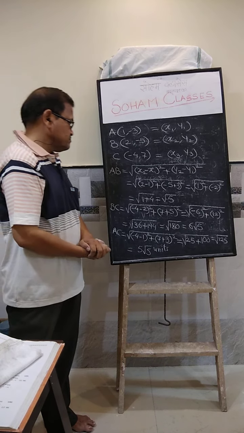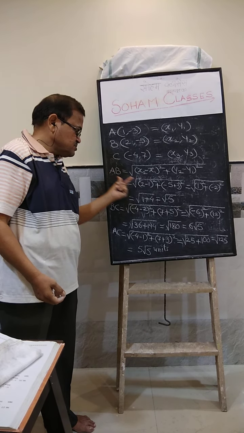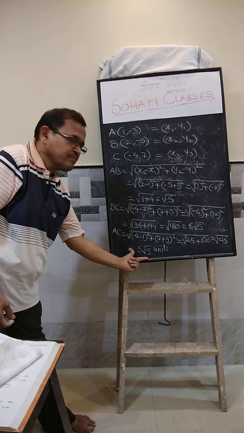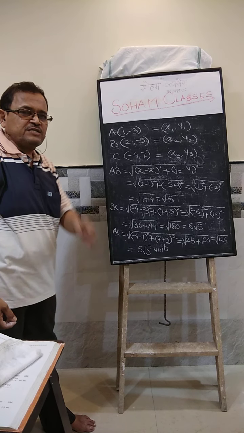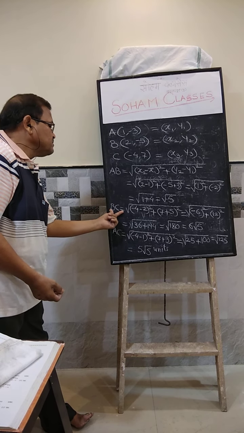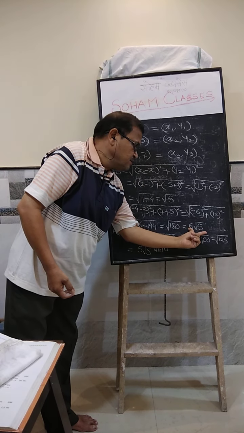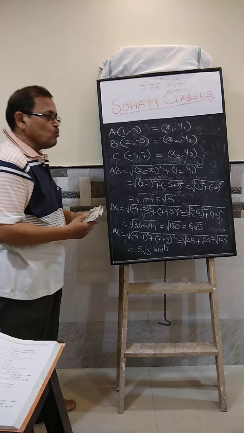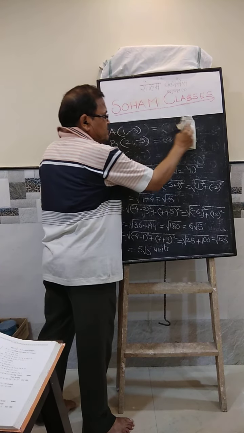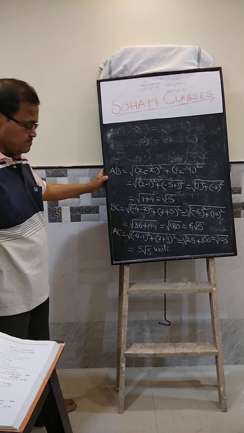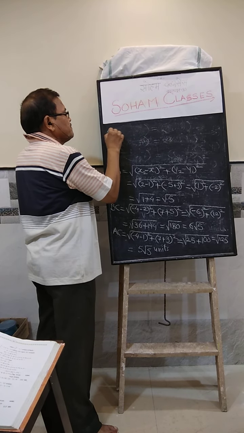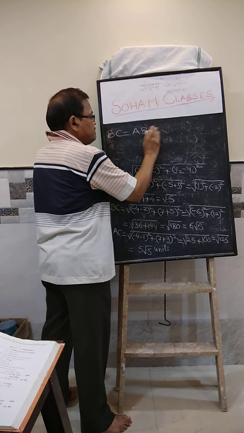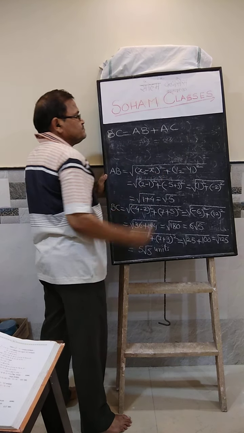So look here, the AB distance is 1 root 5 and the AC distance is 5 root 5. Adding these two distances, we get 6 root 5, which is exactly the distance between B and C. The distance between B and C is 6 root 5. So these 3 points are collinear. So we can write BC is equal to AB plus AC.